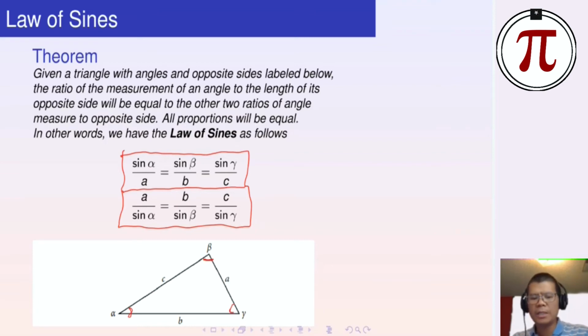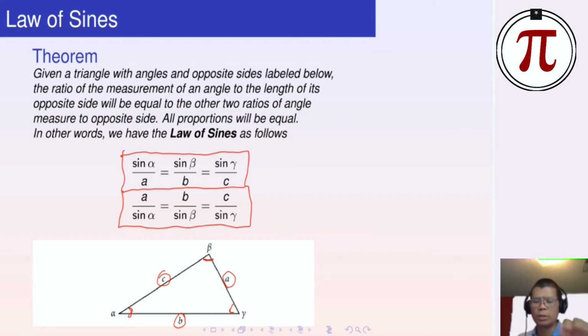The opposite side of alpha is A, the opposite side of beta is B, and the opposite side of gamma is C. So sine of alpha over its opposite side, sine alpha over A, sine beta over B, sine gamma over C. These ratios are exactly the same.